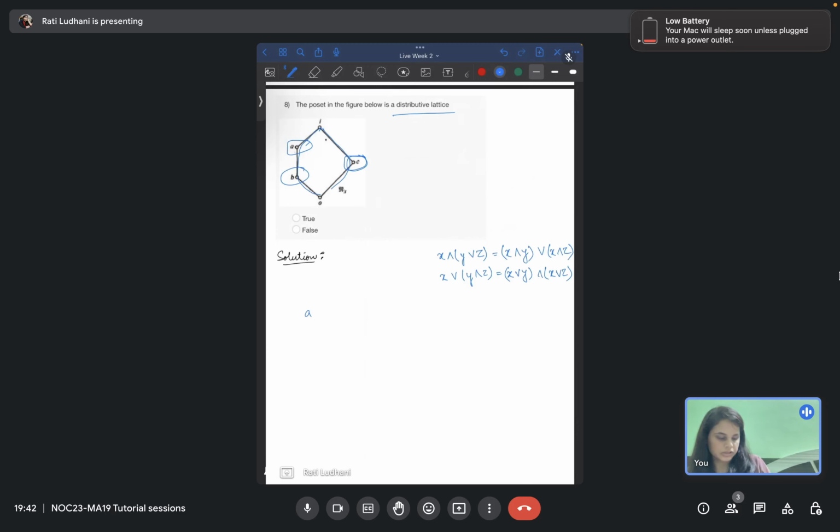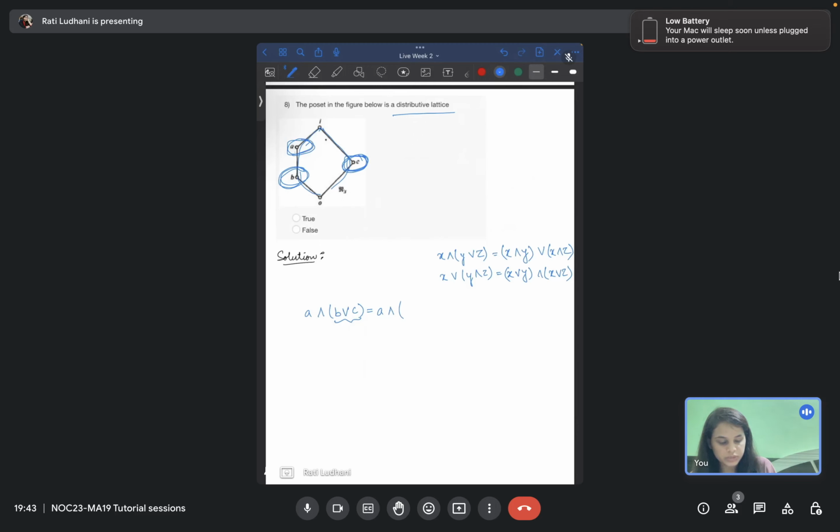But if you take it like this, for example in this situation, if you take A, B and C, just check what you will get. So you will get A. Now what is B join C? B is here, C is here. You are trying to find the least element from the set of all the elements of the poset which are above B and C. So A cannot come.